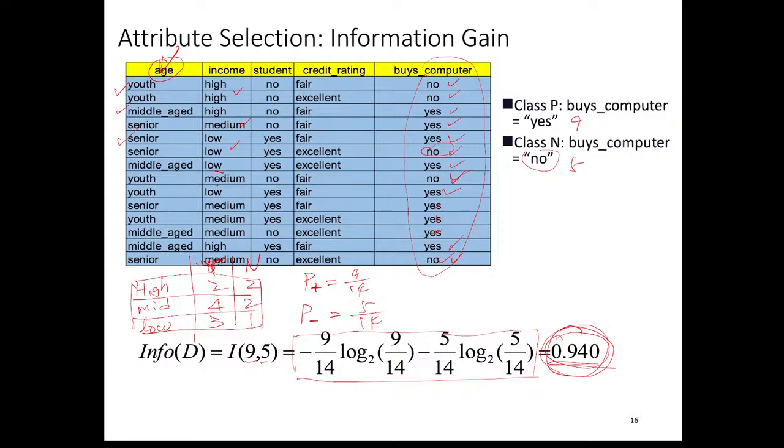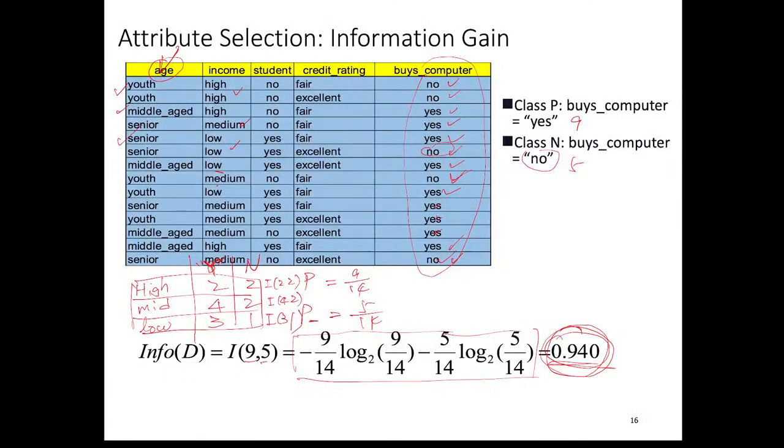So you need to compute info of 2, 2 here, info of 4, 2 here, and info of 3, 1 here, right? And then you have to use a weighted sum. Let me erase something and draw something, because that's too many things here. Let me erase this part and this part.